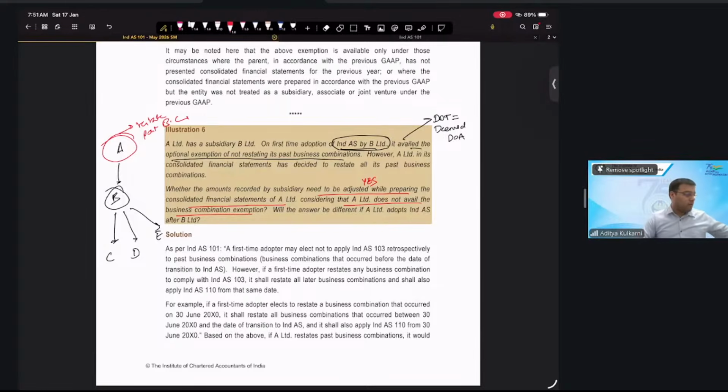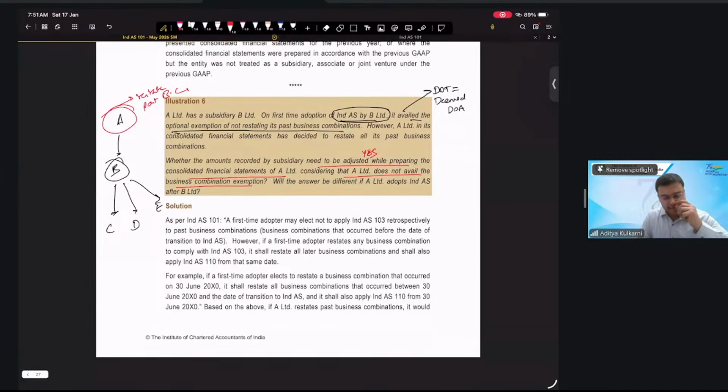Okay. Now, what is the next part? Will the answer be different if A Limited adopts Ind AS after B Limited? Tell me one thing. If Ind AS applies to B, will it apply to A?